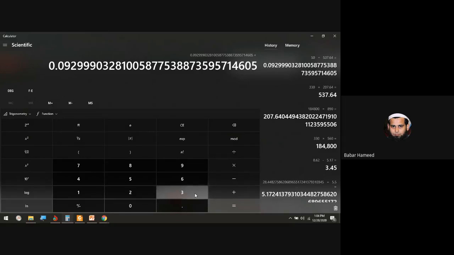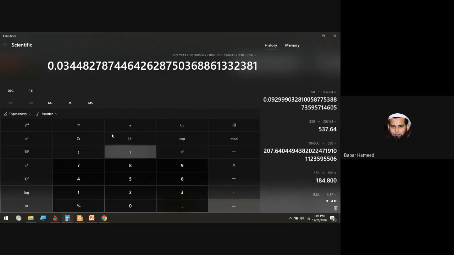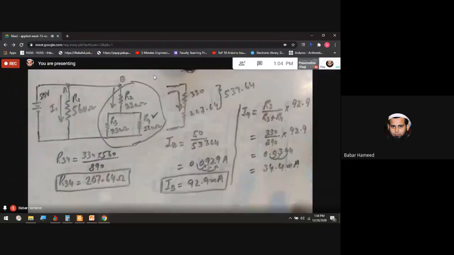I can apply this value 330 divided by 890, and this will result in 0.0344, or if I write in milliampere, this will be 34.4 milliampere. So from 92.9 milliampere, the current through R4 will be 34.4 milliampere.